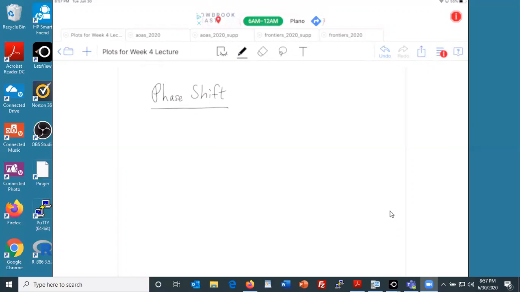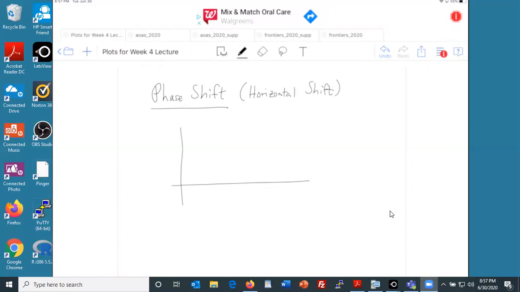So phase shift is actually just a horizontal shift of the graph. So that essentially means this. If I take my sine function, for instance, which I'm going to draw very loosely, this is regular sine. A phase shift would just take those points and move them over the same distance.